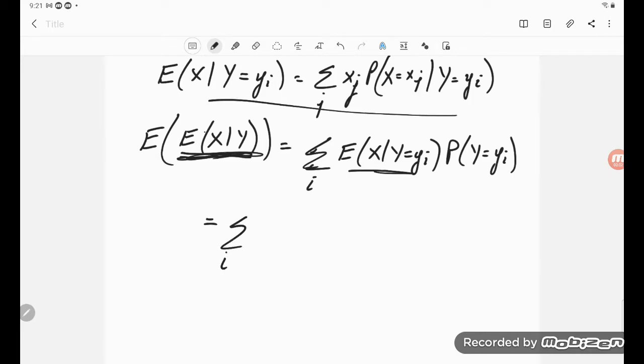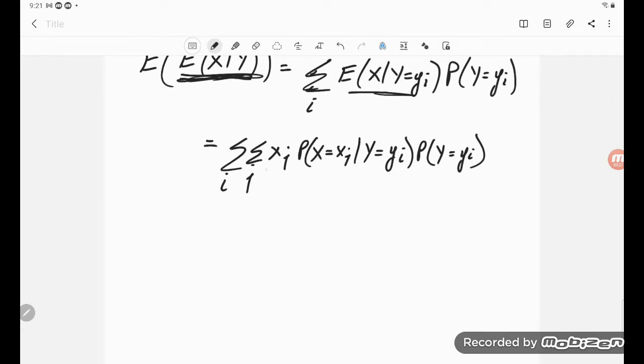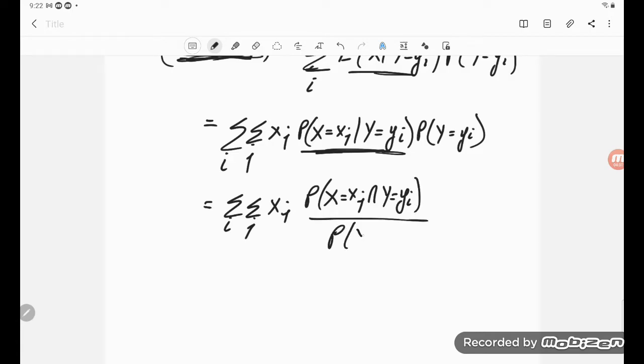Now we can go back to what we did up here. This is the sum over i, the sum over j of xj, probability that x equals xj given y equals yi, times probability that y equals yi. Using the definition, that is the probability that x equals xj intersected with y equals yi, divided by the probability that y equals yi.